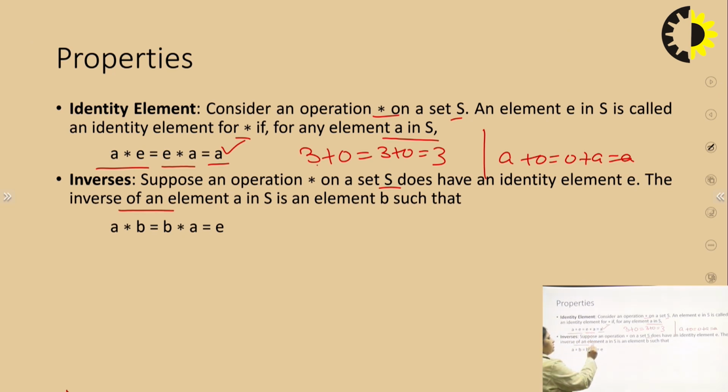The inverse of an element a in S is an element b such that a star b is equal to b star a is equal to e. It means there is one element b for a such that if we do the operation of a with b, we get in the answer the identity element. Let us understand with the operation of plus.